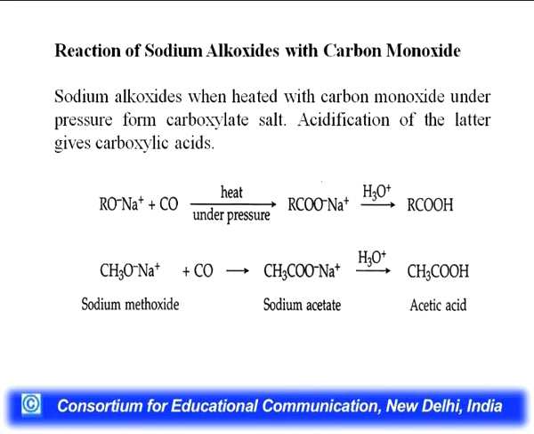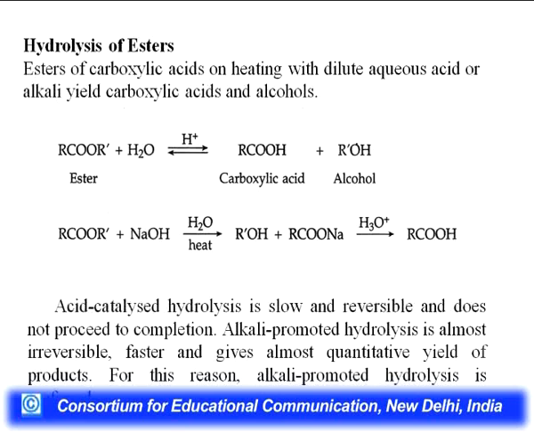RONa. When heated with carbon monoxide under pressure they form a carboxylate salt, and after acidification will give you the carboxylic acid. You can see the example of sodium methoxide, which first gives you sodium acetate, and then after acidification gives you acetic acid.